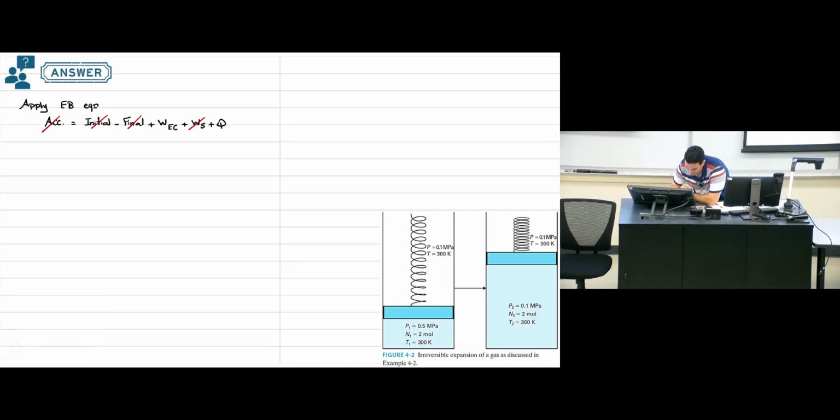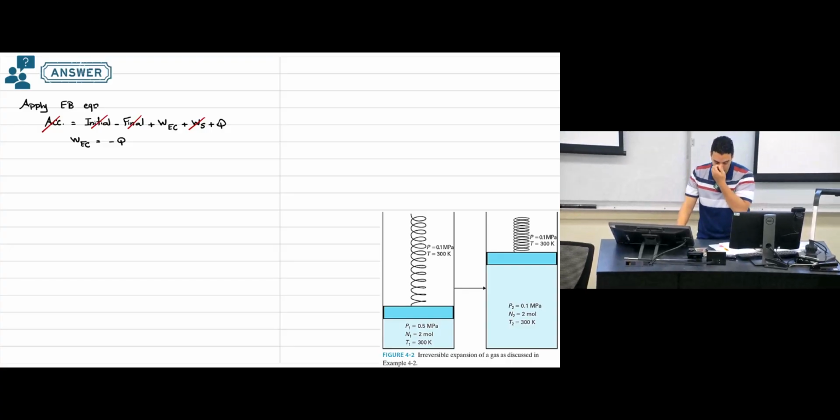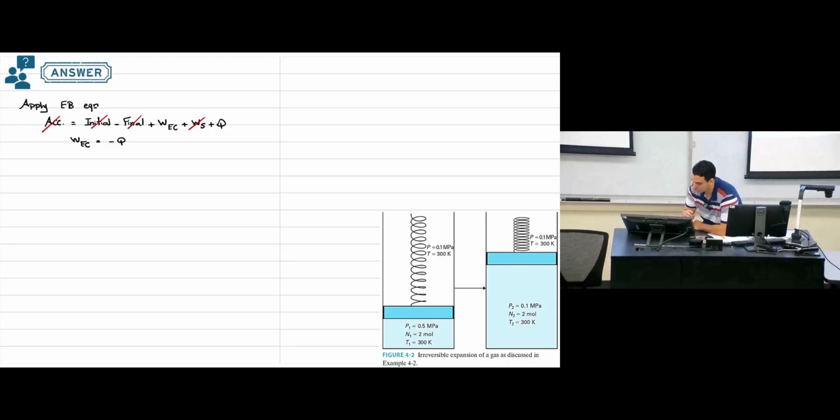So this energy balance equation will end up with the work of expansion contraction, this is negative Q. And this is what we need to calculate. So in this example, we need to calculate the work and we need to calculate the Q.